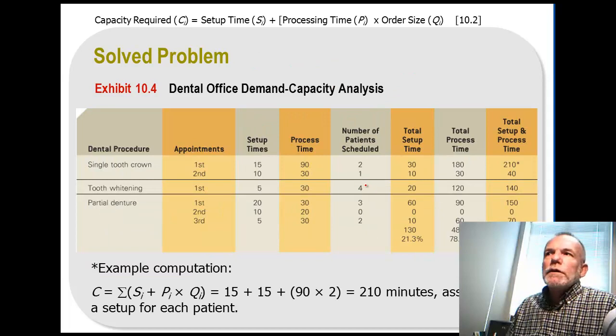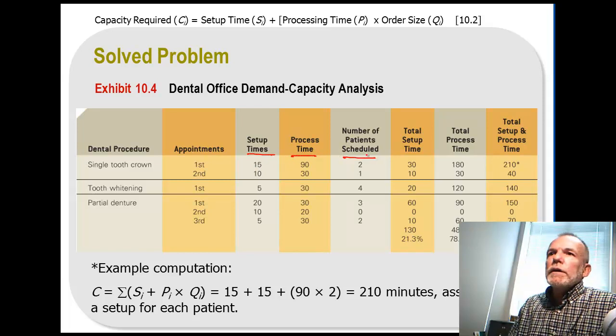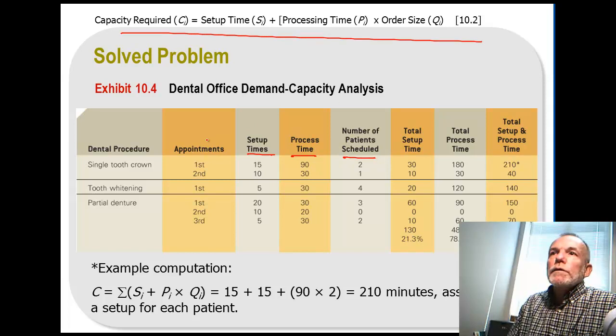So to see what the total time would be in our capacity utilization, if you take that same information, now we have the setup times, processing times, and number of patients scheduled. If you look at this formula from formula 10.2, you have a setup time and a processing time, and then number of patients. And each of these rows is one of these subscript i's, so the first, second, third, and so forth.